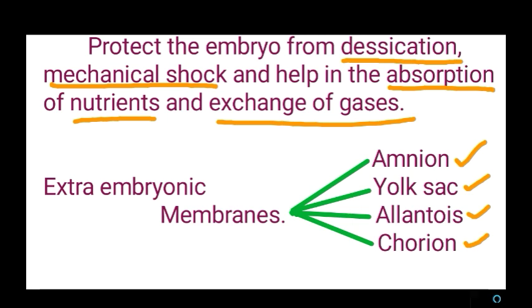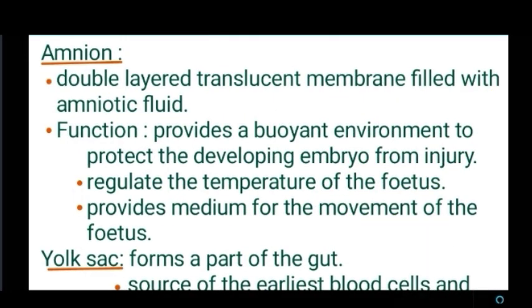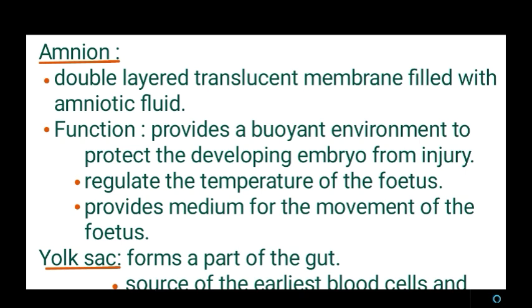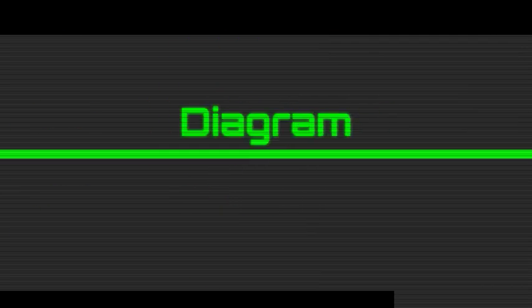Now we are going to see their location and function. First one, amnion. The amnion is a double layered translucent membrane. This membrane lies closer to the embryo and there is a gap between the amnion and the embryo. That gap is filled by fluid called amniotic fluid.